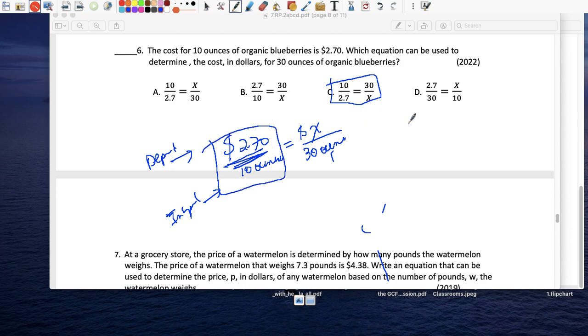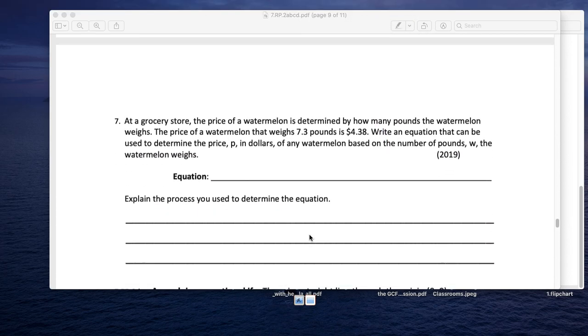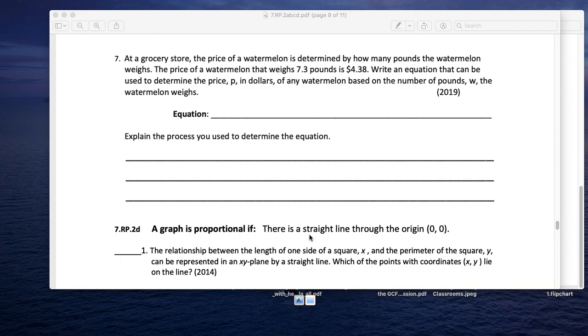Yes, but we always write it in this way. 2.70 for 10 ounces. And then we set a proportion, which I did here. And then your multiple choice answer comes like this. For what reason? Don't ask because I don't have the answer, but that C is the correct answer. So this is exactly like this, but written with the ounces on top instead of the money. I don't know why. All right, so let's see.